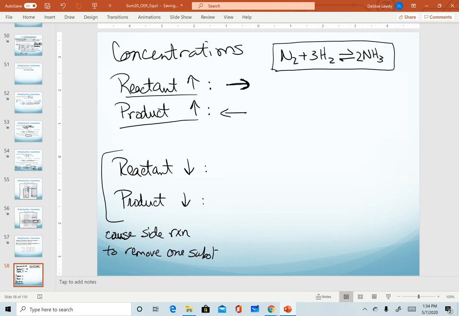So I have a really horrible example here, and this would never happen, and it couldn't happen, but just bear with me. Let's say we have this ammonia equation. I have all three substances in my container at equilibrium, and I introduce oxygen.